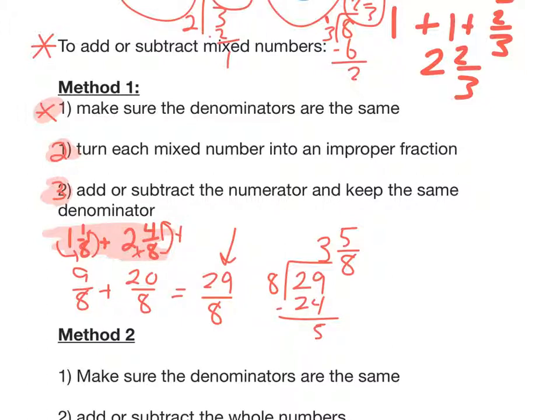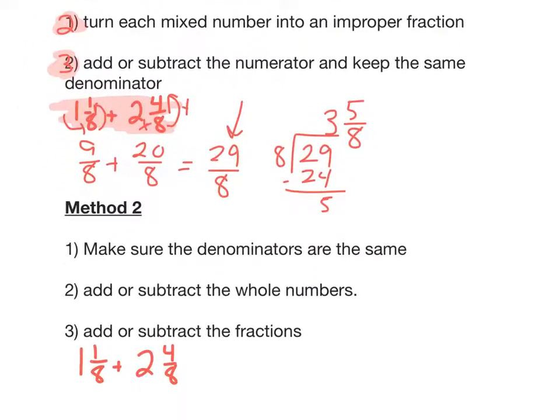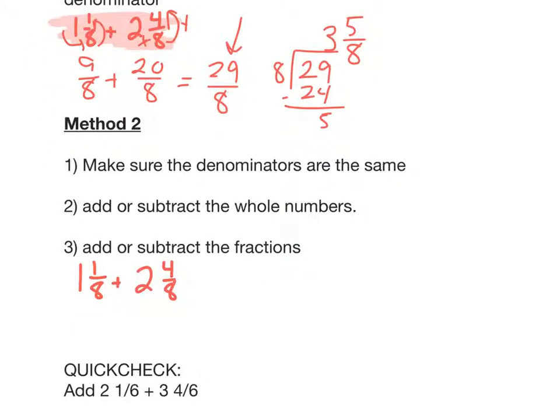I don't like that method as much as I do method 2. Method 2. Make sure the denominators are the same, just like before. Add or subtract the whole numbers, and then add or subtract the fractions. This one's easier, I think. So, 1 1/8 plus 2 4/8. The denominators are the same. I already checked that.